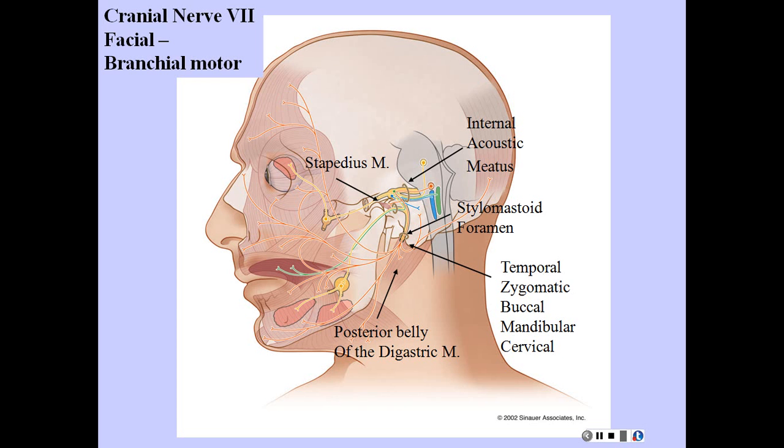It receives the taste fibers coming in. Right? So if you think about it, facial is a little interesting in so much as the fact that as it passes through this canal, it gives off or receives different branches depending on if it's incoming sensory or outgoing parasympathetic involuntary motor.